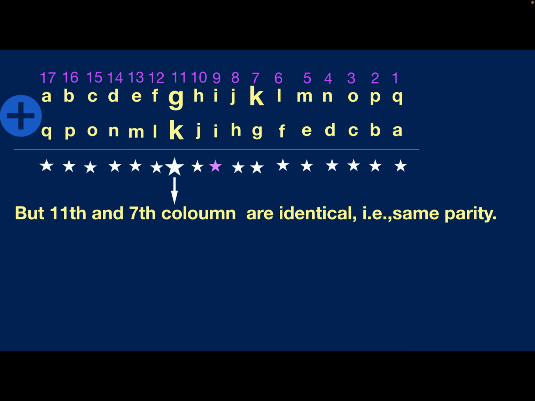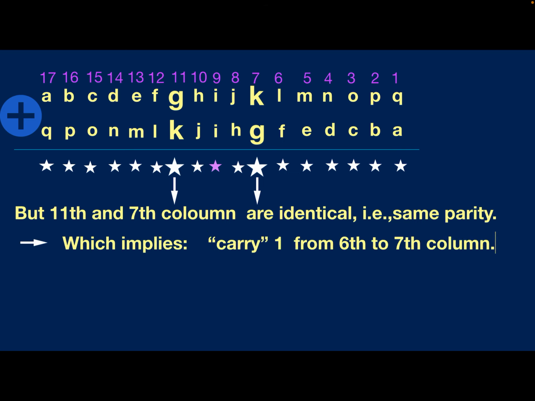Because the 11th and 7th columns are identical, and there is a carry from the 10th column to the 11th column, there must be a carry from the 6th column to the 7th column, because the digits of the 11th column and that of the 7th column are the same. So here, this implies that there is a carry from the 6th to the 7th. In this way we proceed.